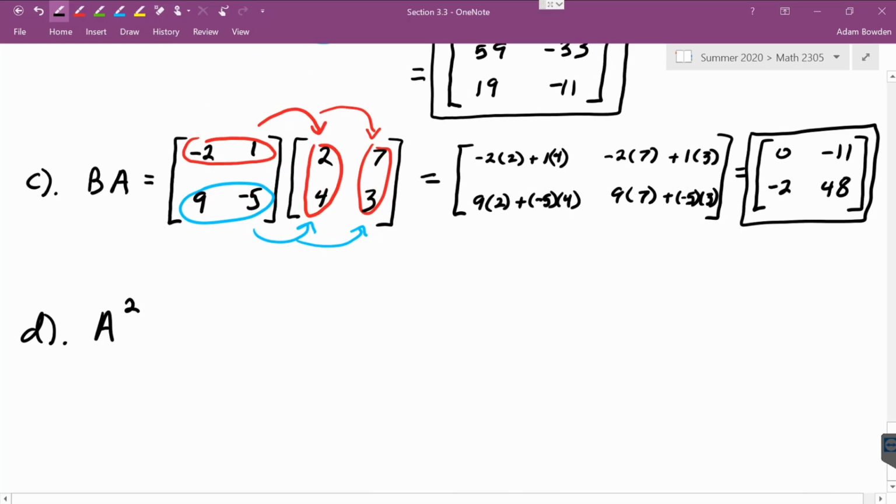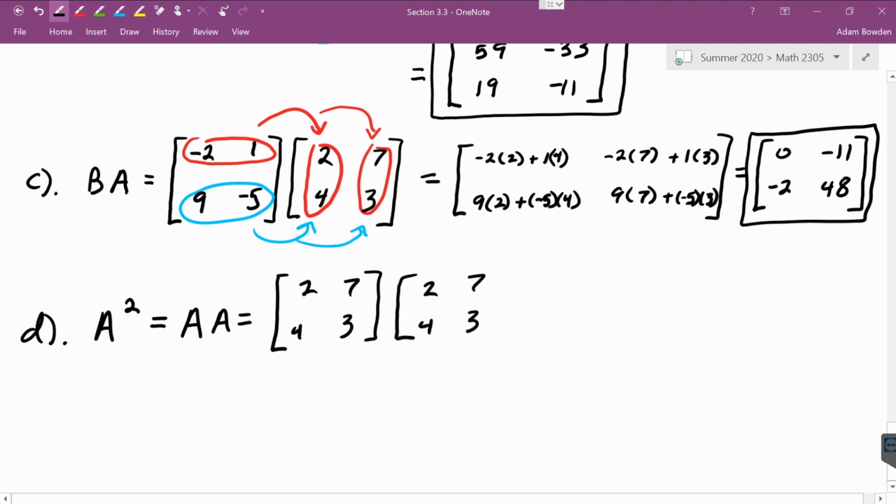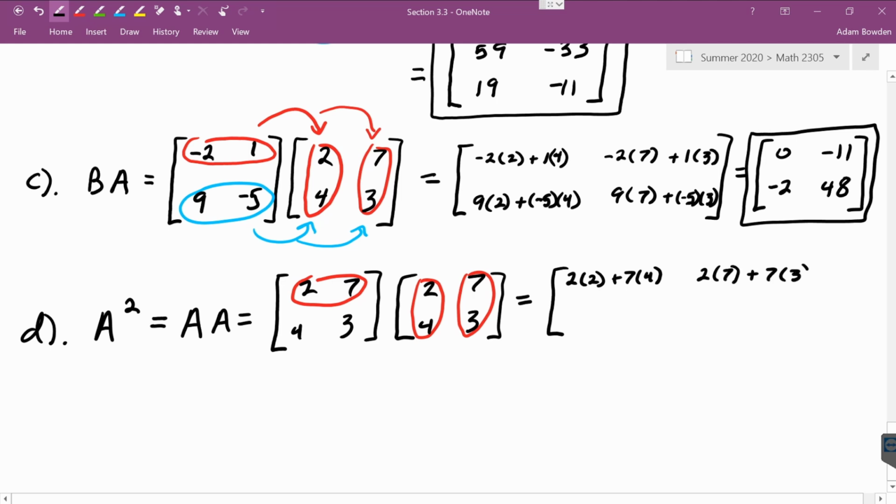Now we can multiply a matrix by itself like A squared. That would be the matrix A times itself. So we'd have the matrix 2, 4, 7, 3 times 2, 4, 7, 3. Following the same steps as the last one, if I take the first row, go down the columns like so, we'd get 2 times 2 plus 7 times 4, and 2 times 7 plus 7 times 3.